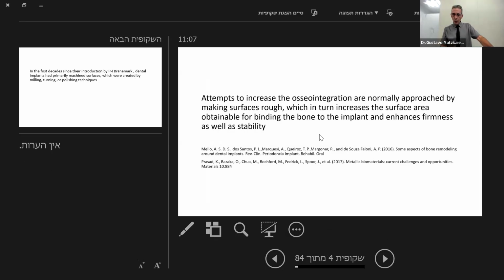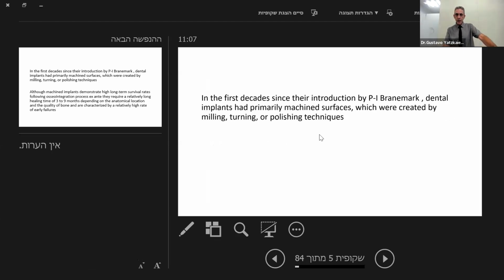As we talked before, the manufacturers made great efforts to increase the surface area of the titanium and to permit this binding to the living bone. The first implants we call machined implants, and were created by milling, turning, or polishing techniques.